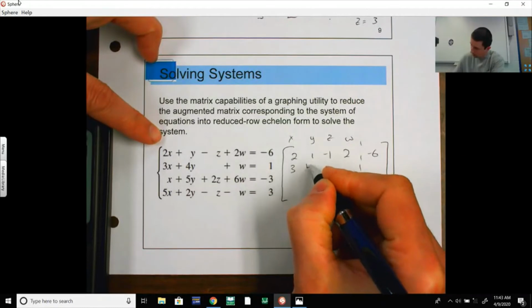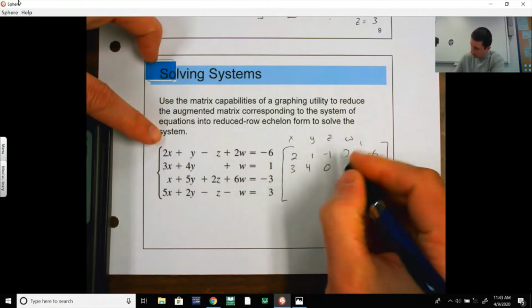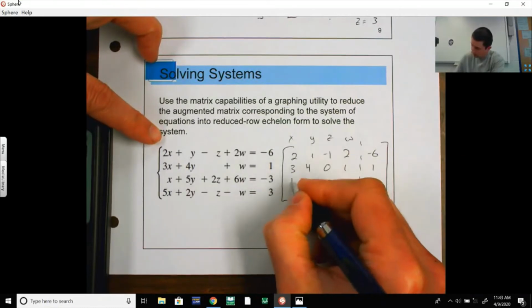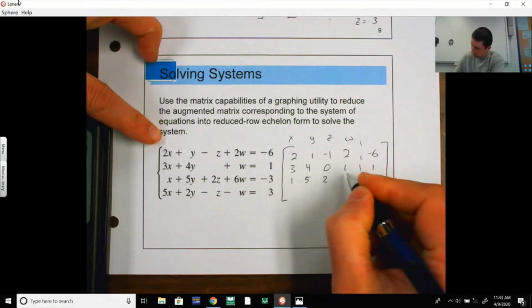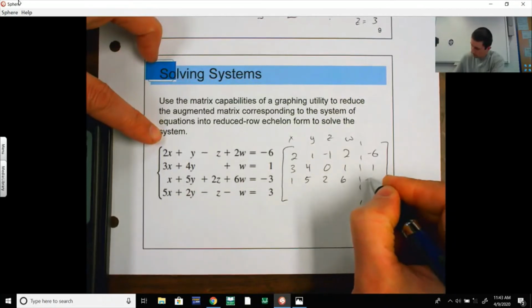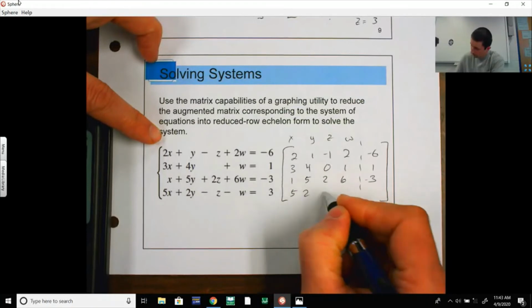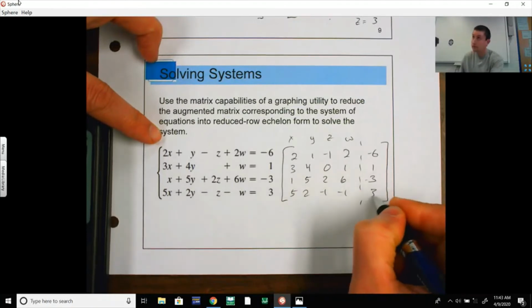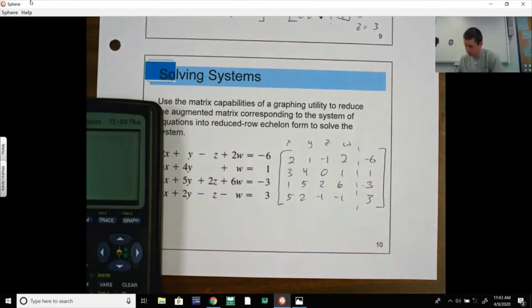You wouldn't have to write this out, 0, 1, 1, and just get this in your calculator. 5, 2, negative 1, 3. Okay, so now I have to go put this in, 4 by 5 again.